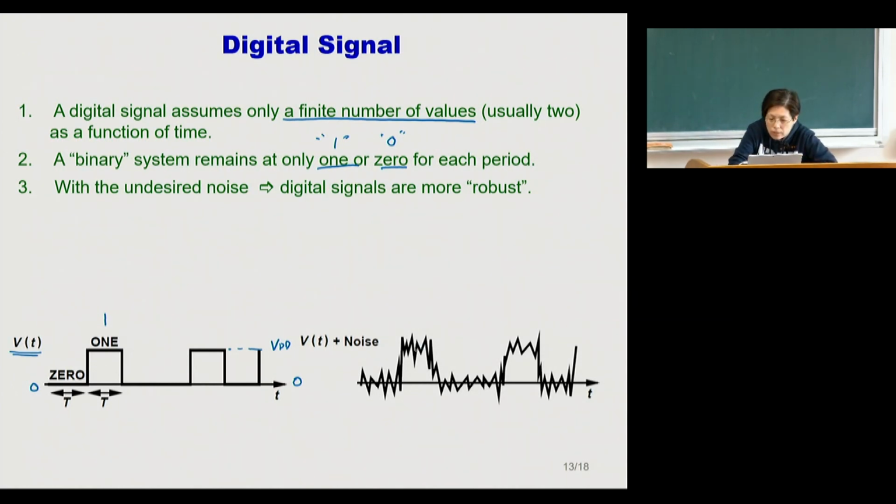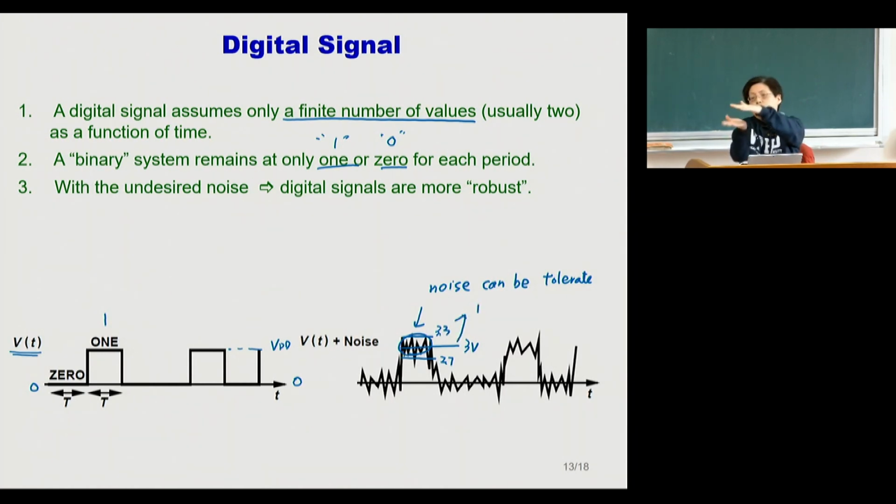Therefore, I can know that this is noise. I can tolerate noise because, for example, if my target is 3 volts and it's 2.7 to 3.3, I consider it as 1. So I give it a tolerance. If it's within that, it will become 1 or 0.